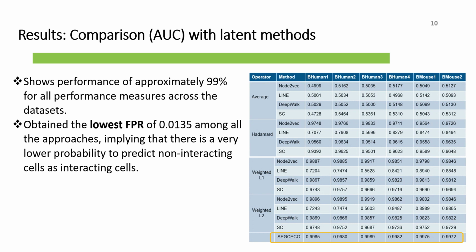Additionally, our approach demonstrated the lowest false positive rate of 0.0135 among all approaches, indicating a very low likelihood of predicting non-interacting cells as interacting cells.